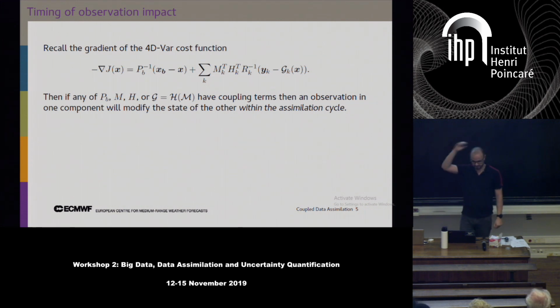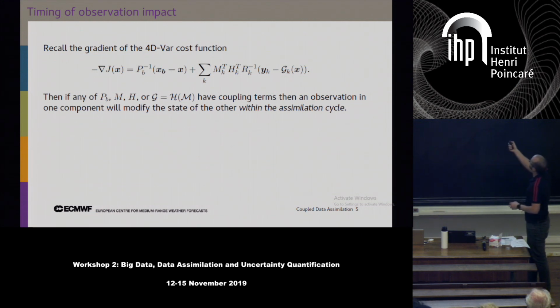So if you write down the 4D-Var gradient of the cost function, and imagine you have an observation in one component and not the other.